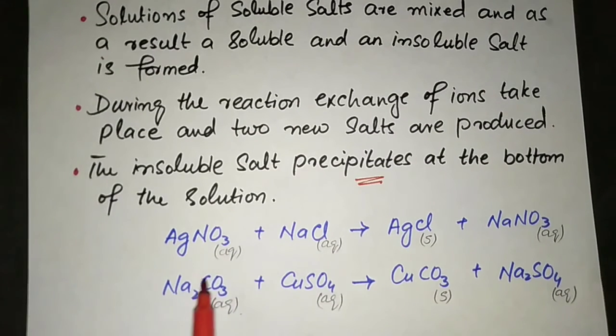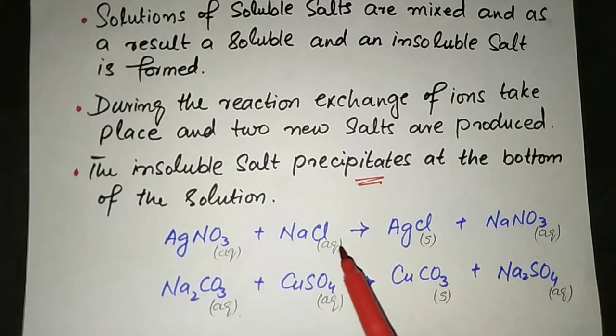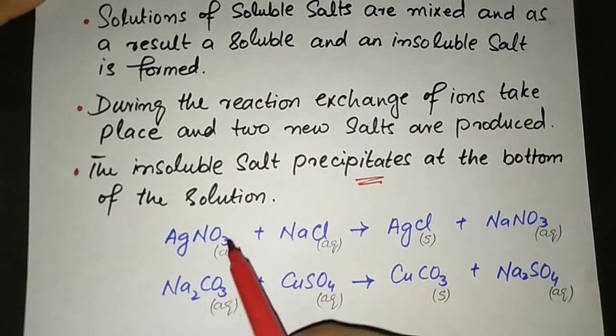For example, silver nitrate, AgNO3, in aqueous form, dissolved in water, is made to react with sodium chloride, which is also in aqueous form, already dissolved in water. When these two salts are mixed together, the ions are exchanged.